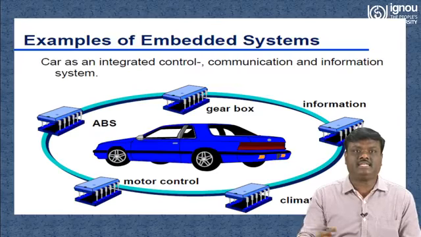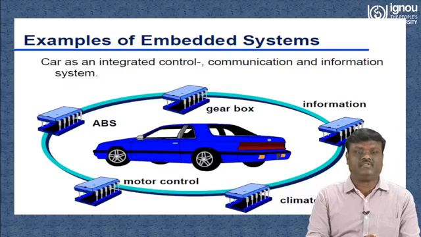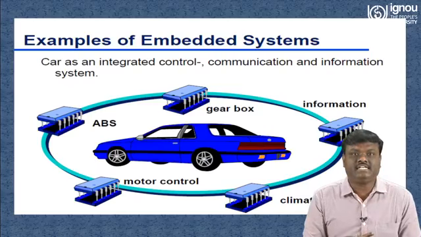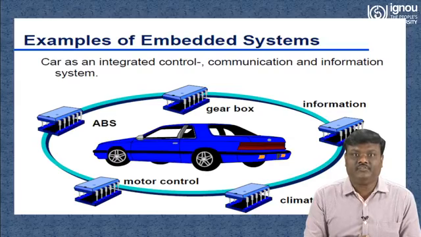You can see there are one or two examples that I want to show. A car is integrated with control, communication and information systems. Here one embedded system is taking care of the gearbox controls, and another is taking care of the information.